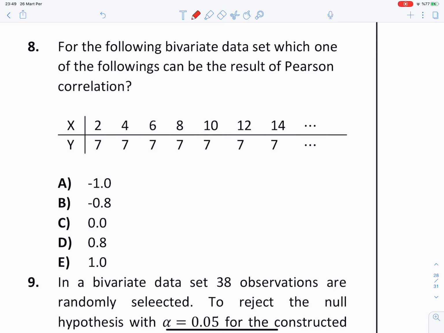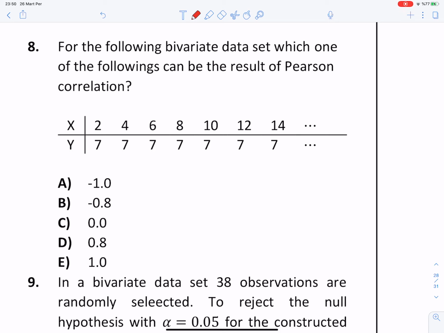Okay, notice that X is always increasing: 2, 4, 6, 8, 10, 12, 14. Each step, the observation value for X is increasing by 2. And notice that Y is not changing at all.